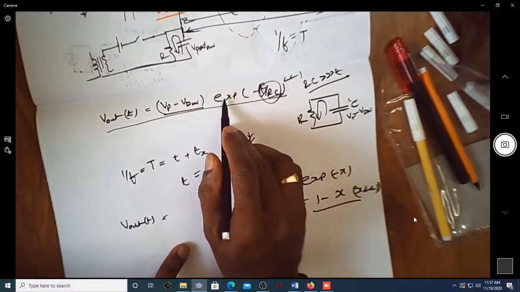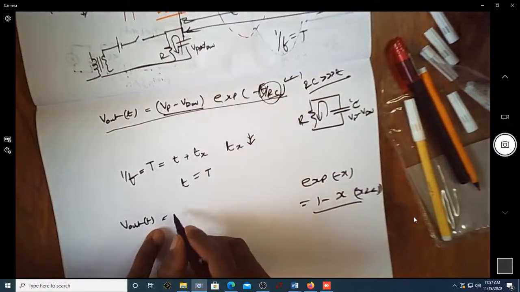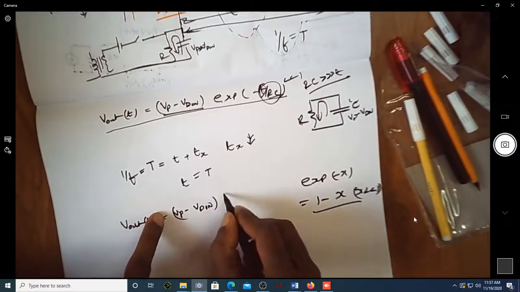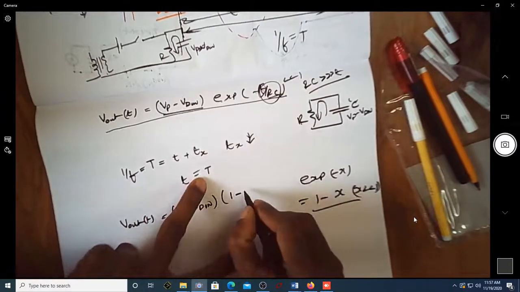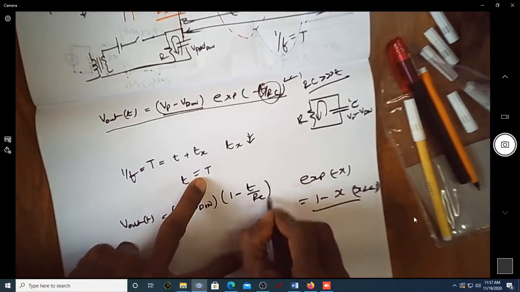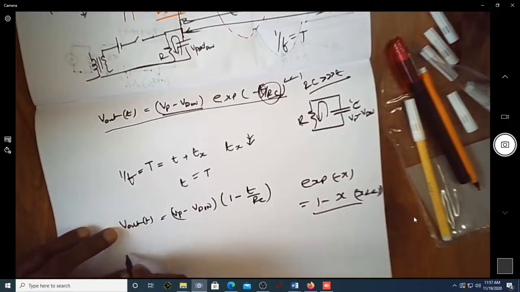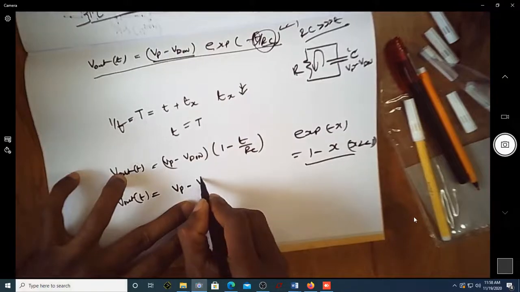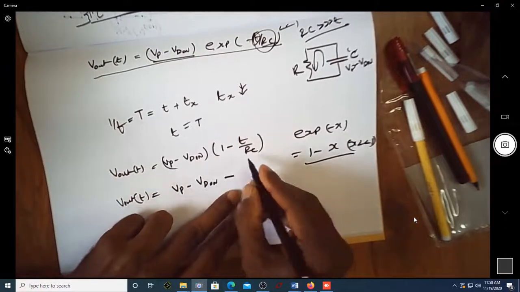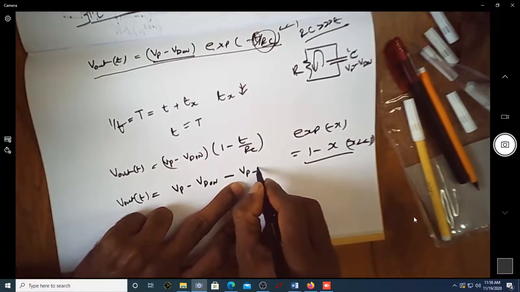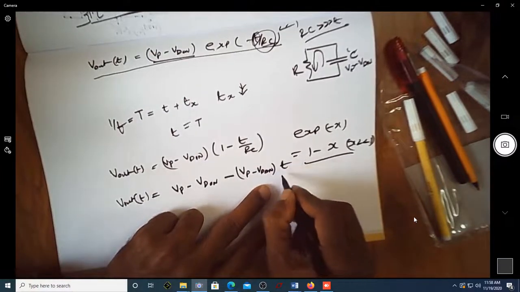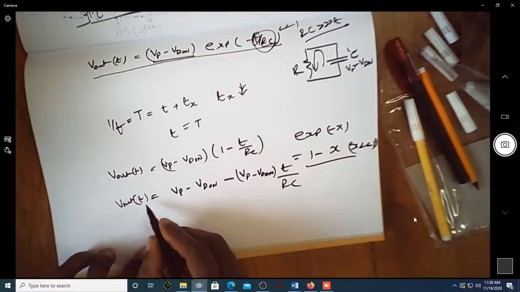So I can write exponential minus T by RC, as Vp minus Vd on into 1 minus x, which is T by RC. So I can write V out of T as equal to Vp minus Vd on minus Vp minus Vd on into T by RC.